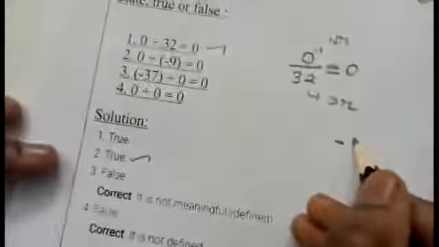Minus 37 divided by 0 equals 0 is false, because minus 37 divided by 0 is what we tell as not defined. We can't find the answer for this type of calculation. 0 divided by 0 is also false.